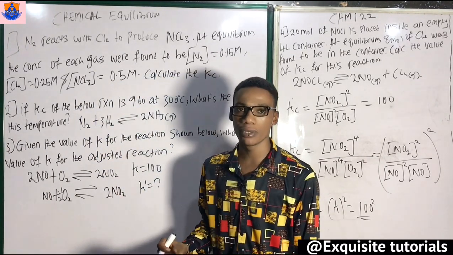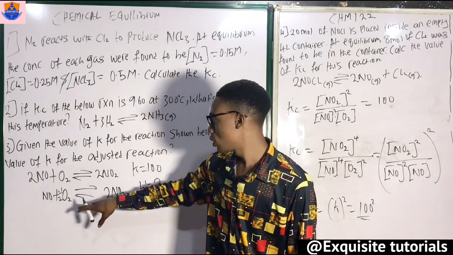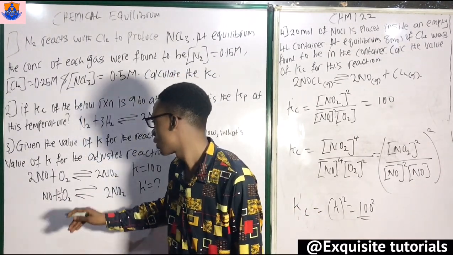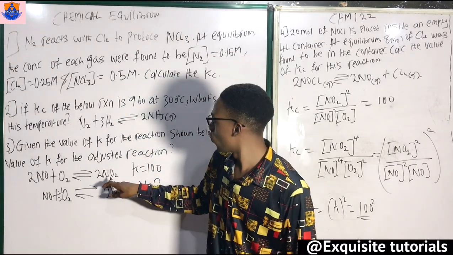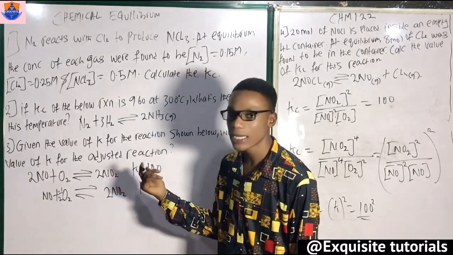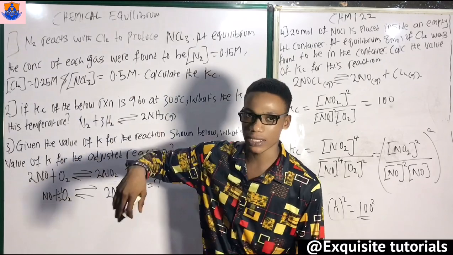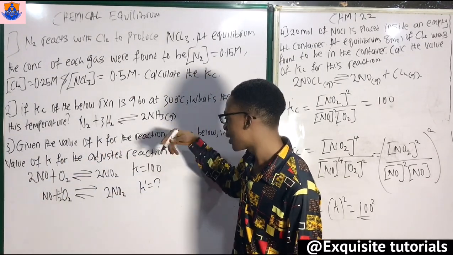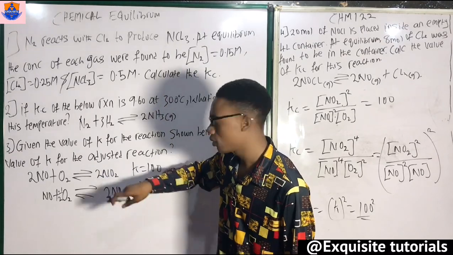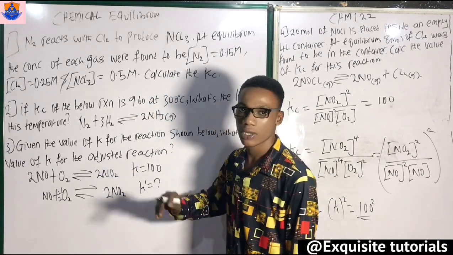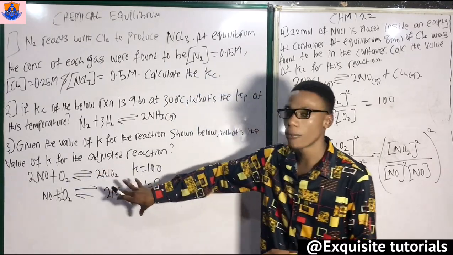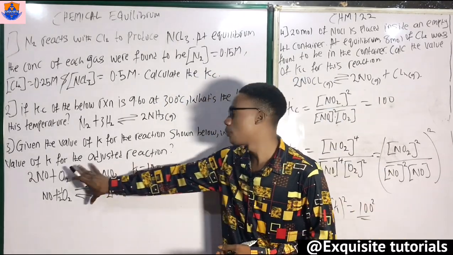It is actually going to be the square root for this. And if they said this reaction was reversed, you will now find the inverse of this value. So that's the answer. So that's how to calculate this question that comes in this form of chemical equilibrium.